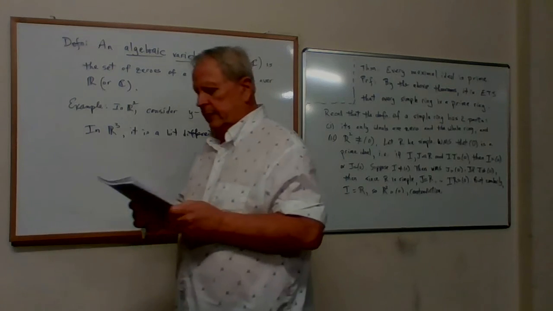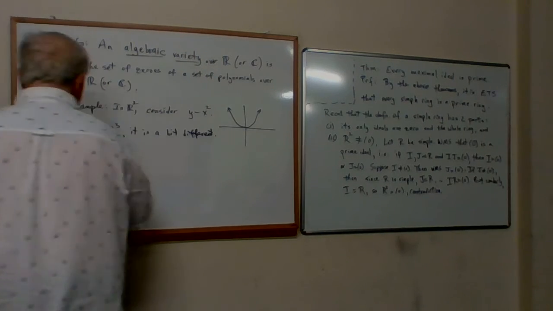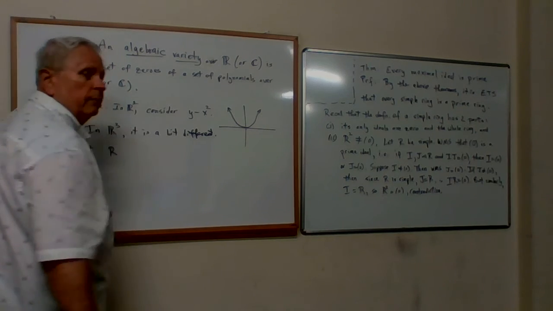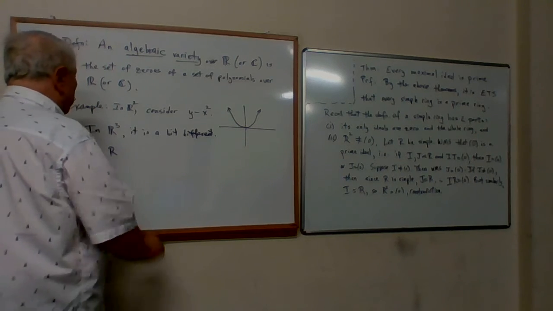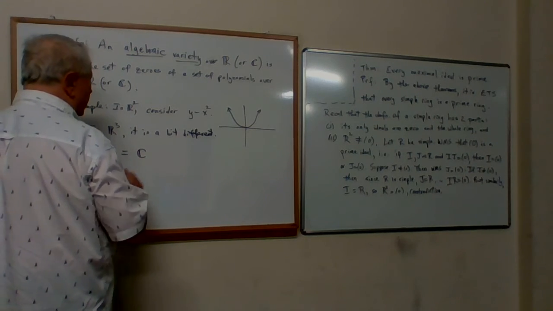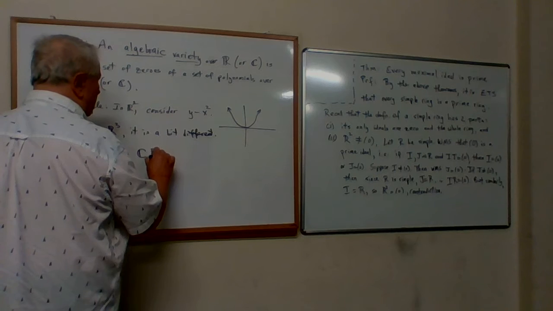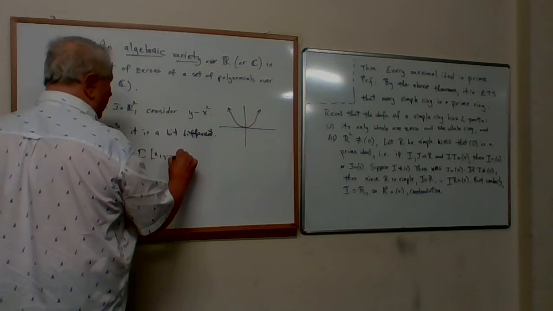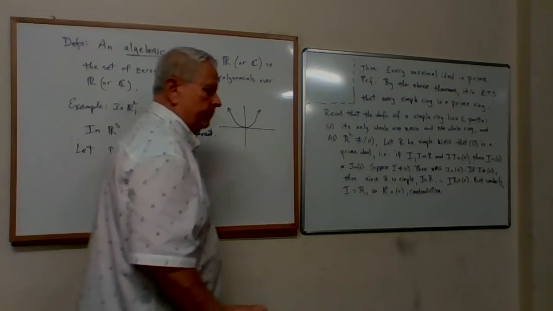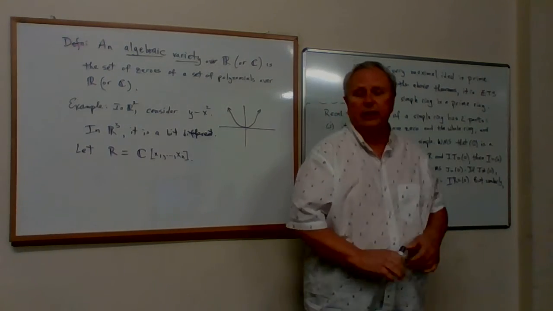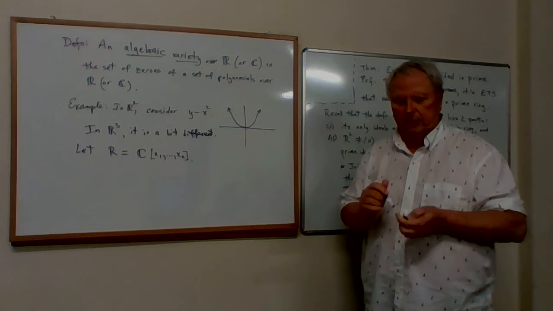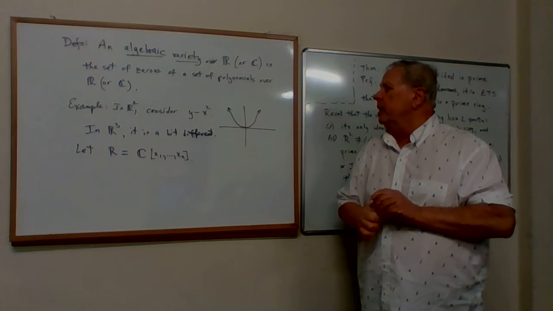But let's let R. Now, this R is not the real numbers. This R is a ring. To be precise, it is the polynomial ring with complex coefficients and n variables. Obviously, that collection of polynomials is a ring. You can multiply polynomials, add them, subtract them.